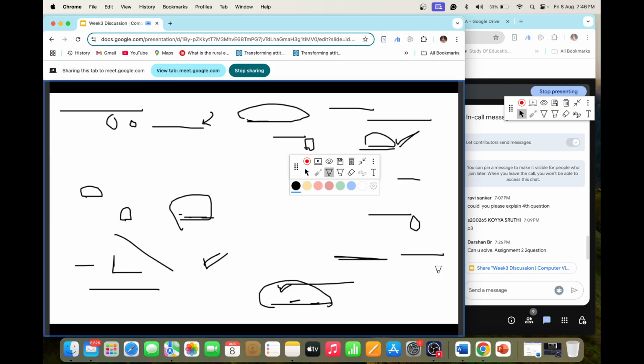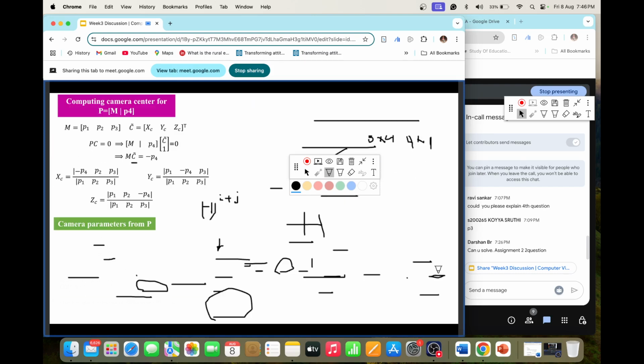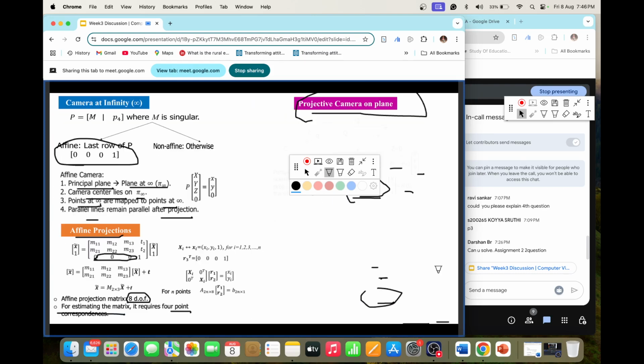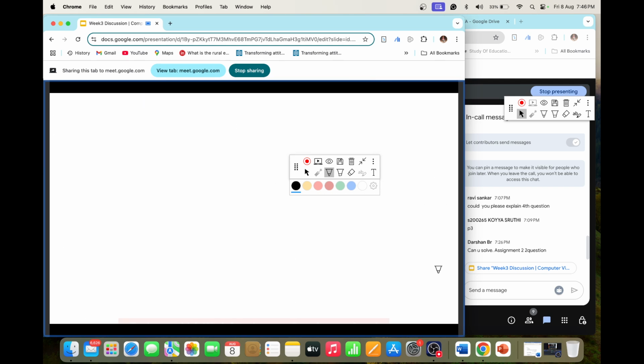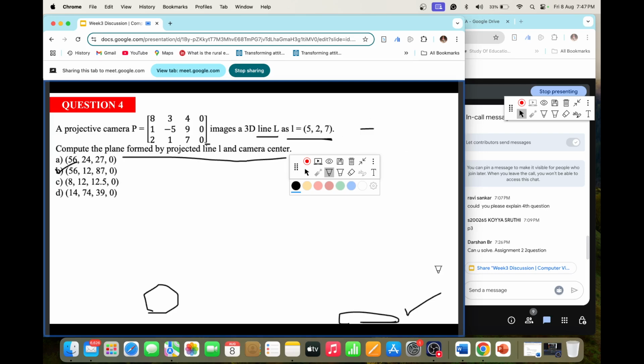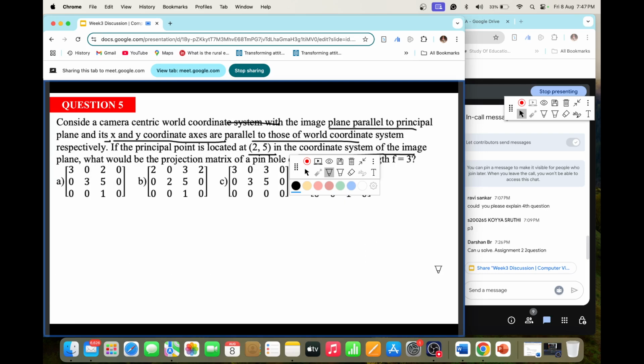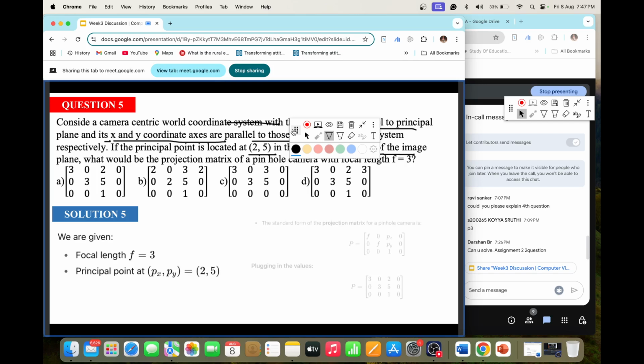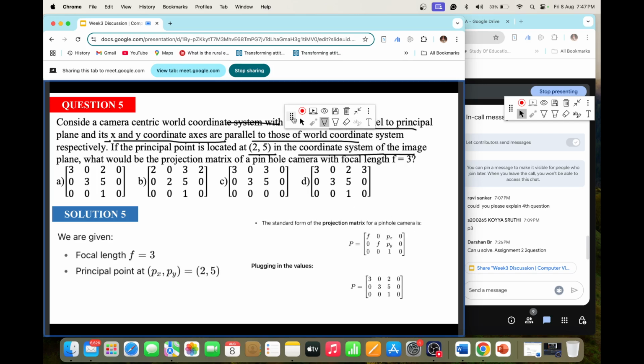Okay, so you have to check what matrix it is according to the options given. So just check it. What is the question? This question, right? So this is the thing. So let me show you. So f 0 px 0. So what is f? F has been given as 3.